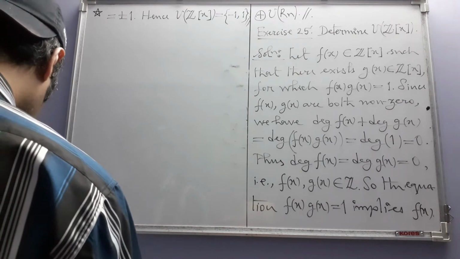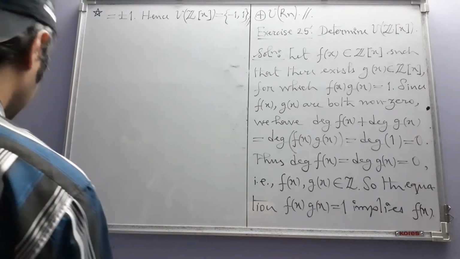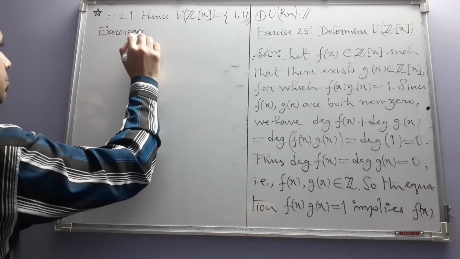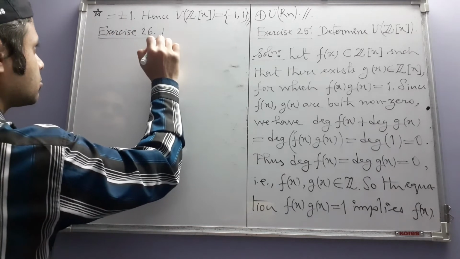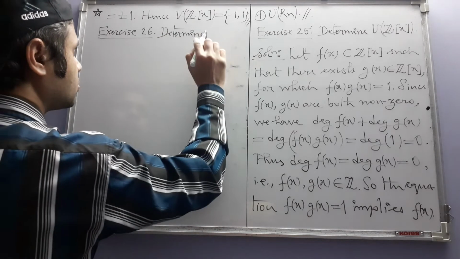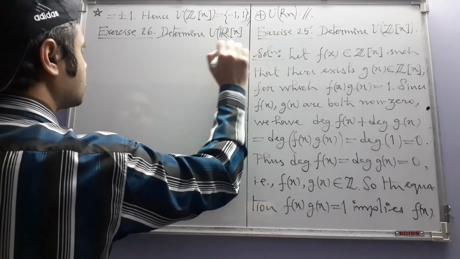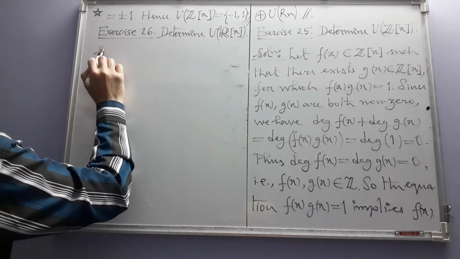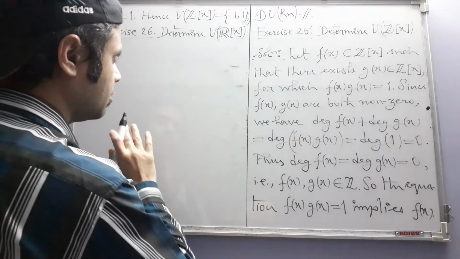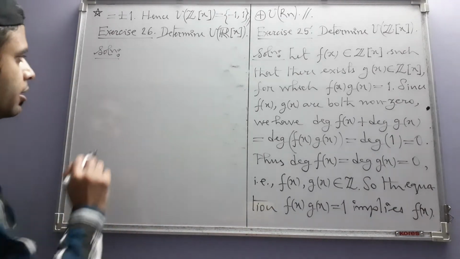The next one is also similar, but here in place of integer polynomials we have real polynomials. And since we have seen the strategy here, I'm not going to write those things again because things will be exactly similar.